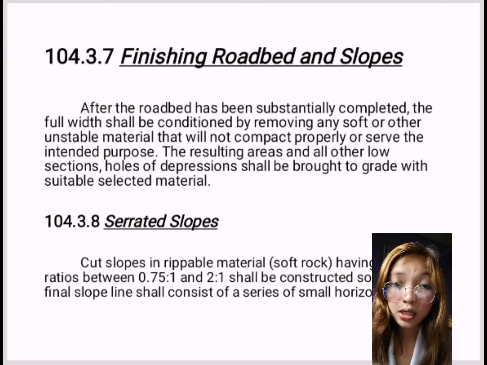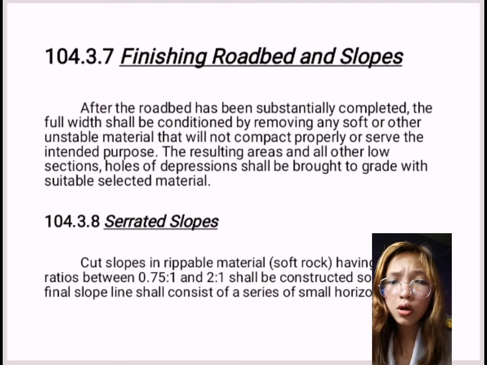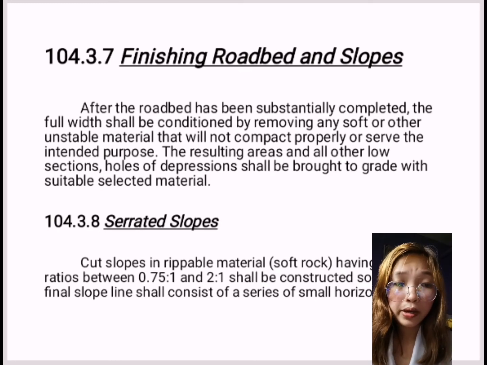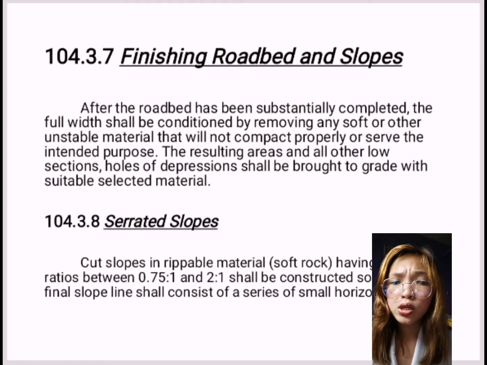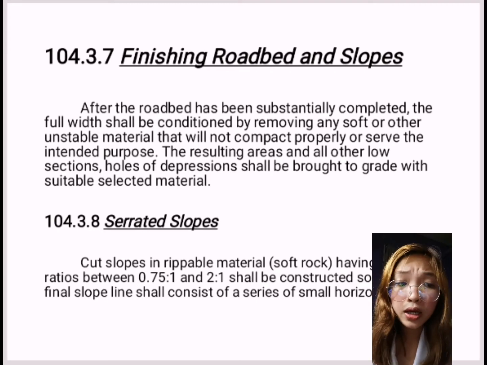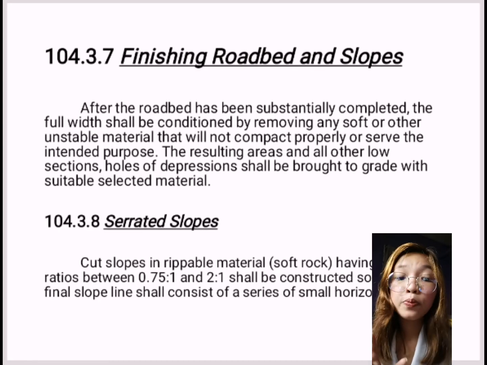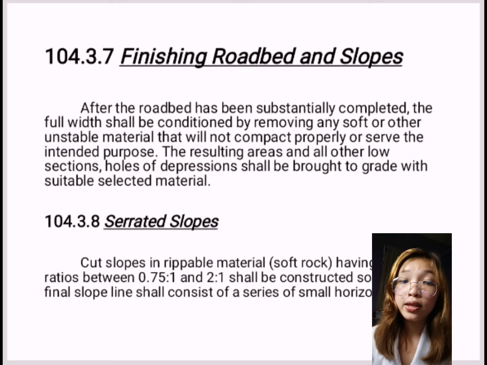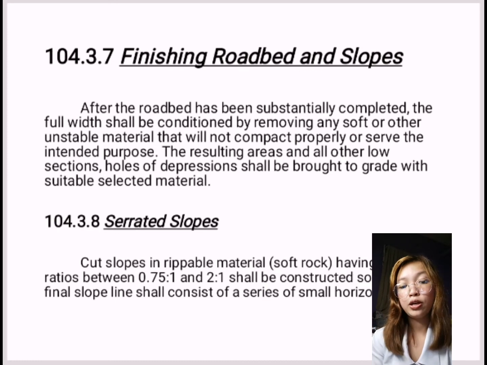The resulting areas and all other loose sections, holes, or depressions shall be brought to grade with suitable selected material. So, scarifying, blading, dragging, rolling, or other methods of work shall be performed or used as necessary to provide a thoroughly compacted roadbed shaped to the grades and cross-section shown on the plans or as staked by the engineer.